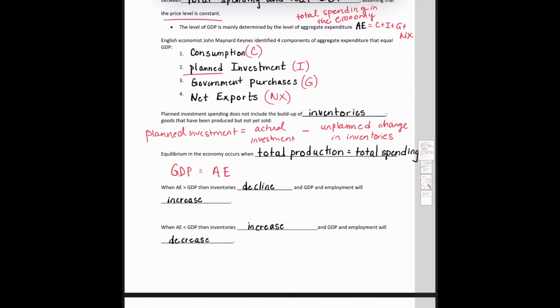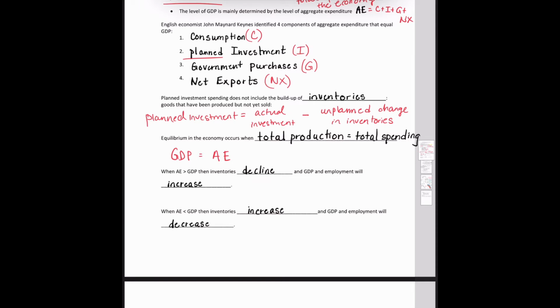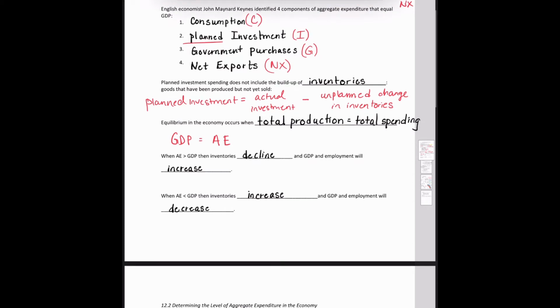C plus I plus G plus NX equals C plus I plus G plus NX. The only difference is planned investment versus actual investment. So macroeconomic equilibrium is going to occur when planned investment equals actual investment. There's no unplanned changes in inventories. We will illustrate this on a graph in a little bit if you're not quite getting it.